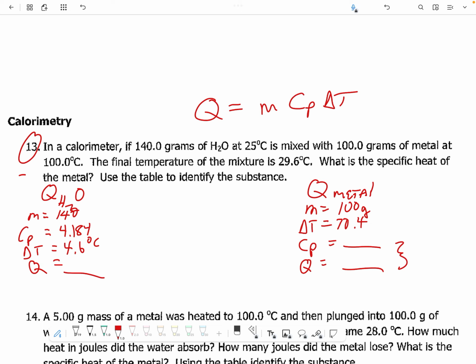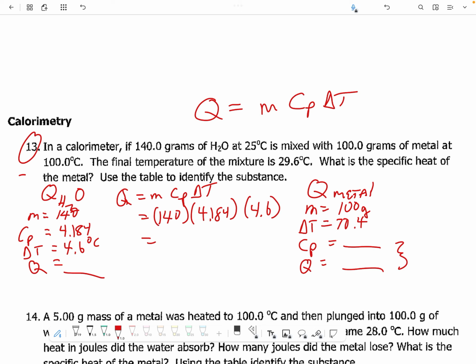So what we've got to do is write down an equation and then substitute our numbers in there. We have 140 for the mass, 4.184 for the specific heat, and then 4.6 is the temperature difference. If you solve for all that, let me see, I changed my calculations because I didn't use 4.184, I used 4.18.